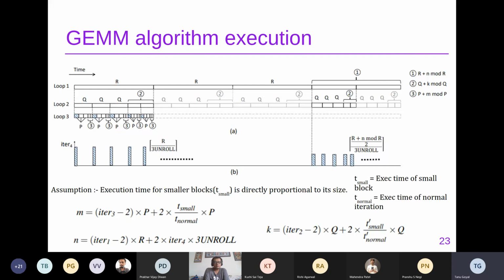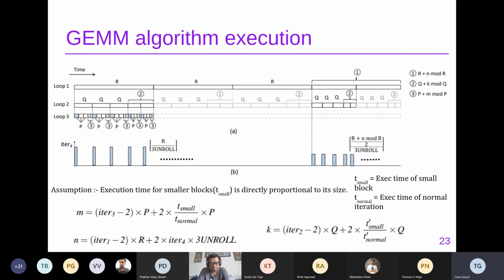The algorithm does a special operation at the very last iteration, labeled as number 1. If the block size is less than capital R, it divides the last iteration into two different iterations, each of equal size.